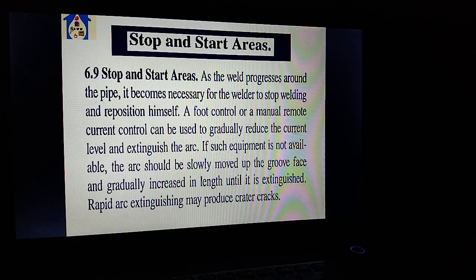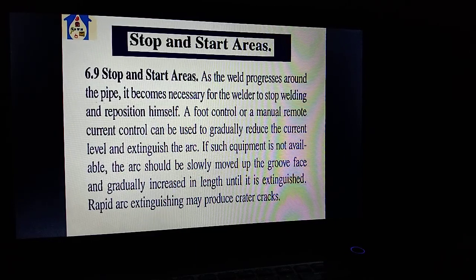Start and stop. As the weld progresses around the pipe, it becomes necessary for the welder to stop at an intermediate point. A foot control or a manual remote current control can be used to gradually reduce the current level and extinguish the arc.